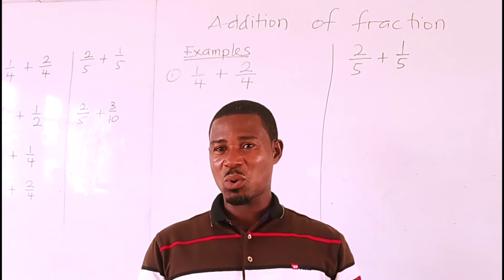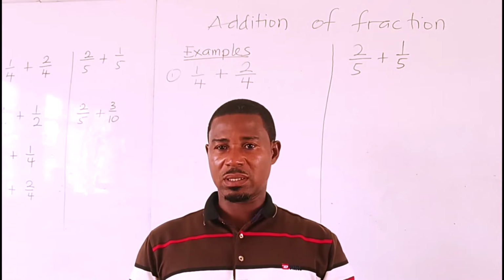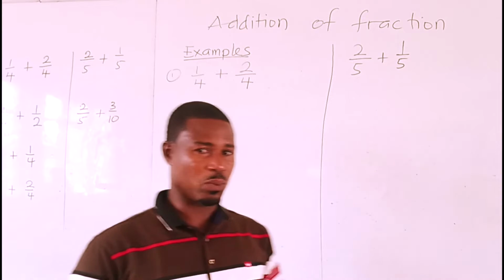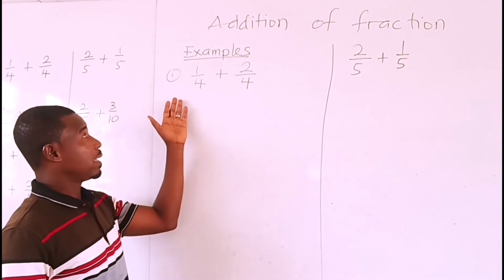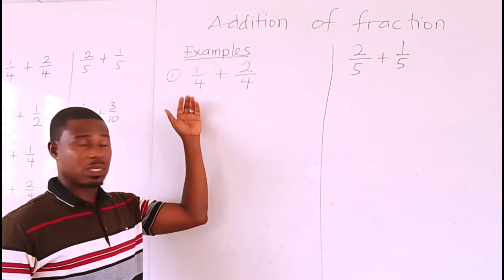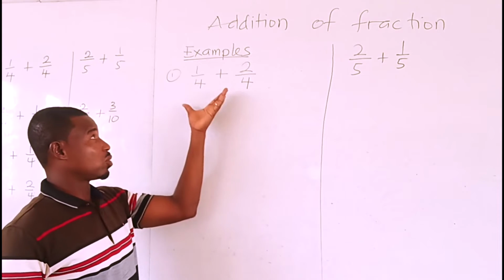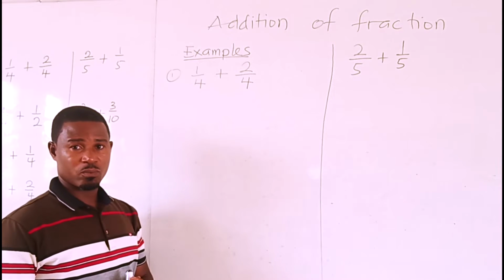Okay, so let's go on and talk about addition of fractions with the same denominator using diagrams. So our first example is 1/4 plus 2/4. As you can see, the two denominators are the same.